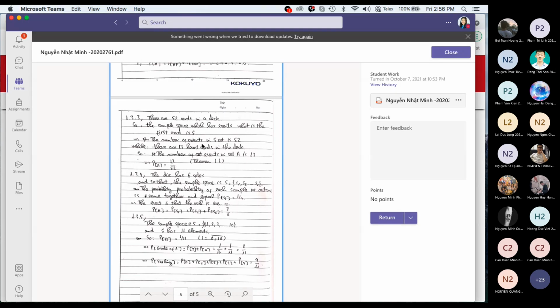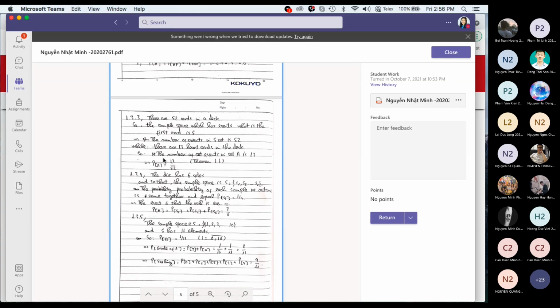The number of events in S is 52. Your friend here decides the S. Why are there 13 heart cards in the deck?